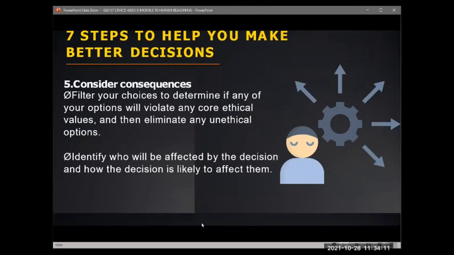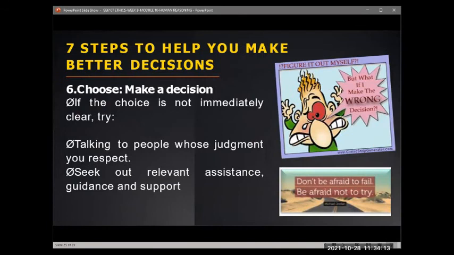The sixth step is choose. Make a decision. If the choice is not immediately clear, try talking to people whose judgment you respect. Seek out relevant assistance, guidance, and support.